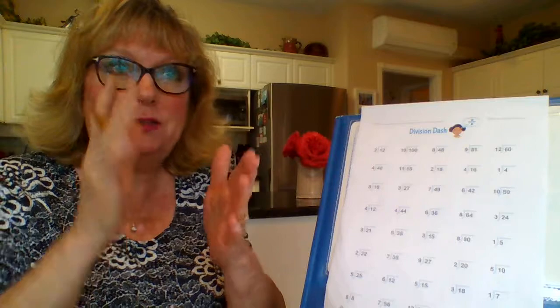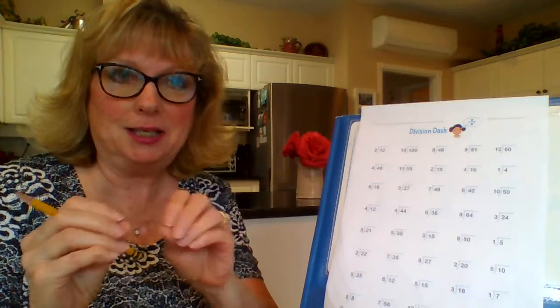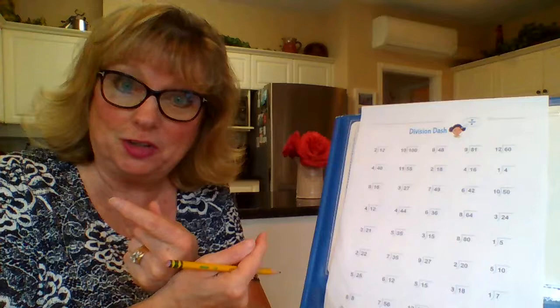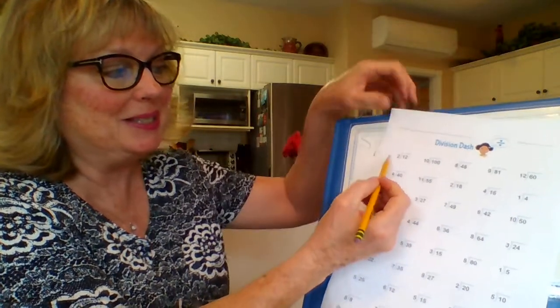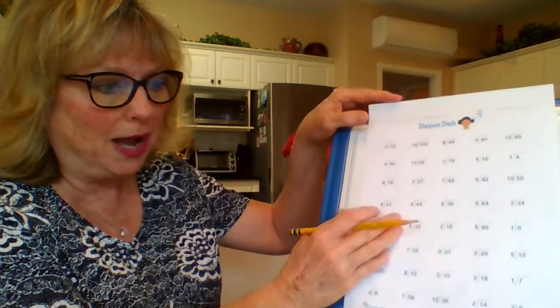What else did I say we could do if you can't picture 12 things and divide them by 2 people? If you can't see that, what's another way that we can get to the answer? Yeah, think about it. Fact family, reverse it. How many times does 2 fit into 12?